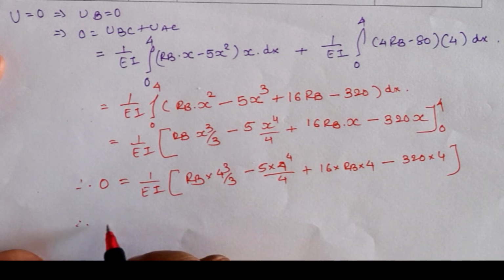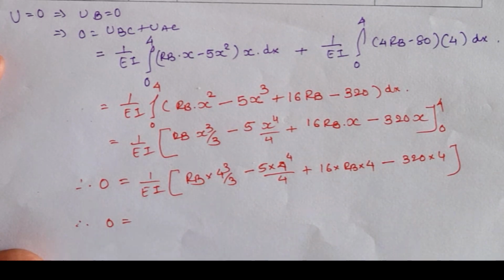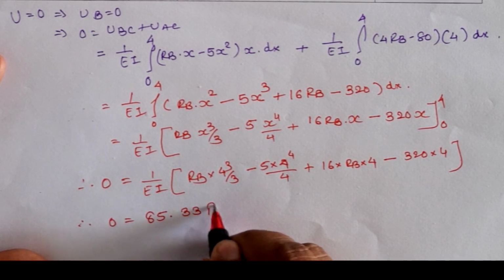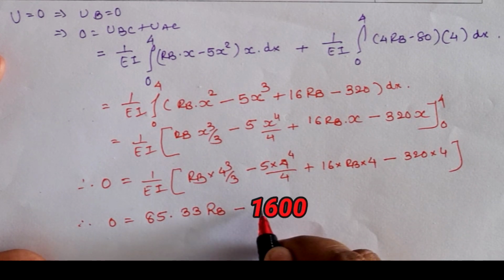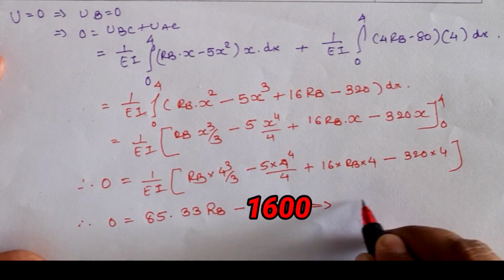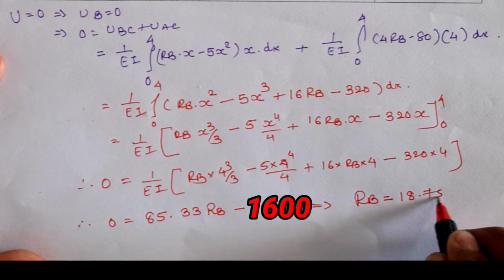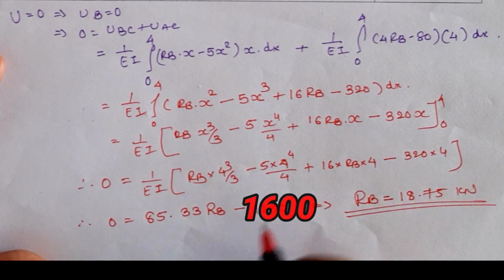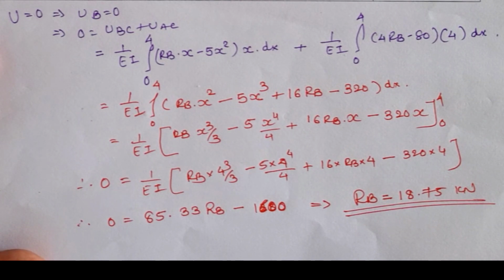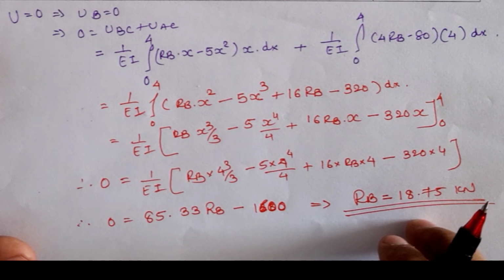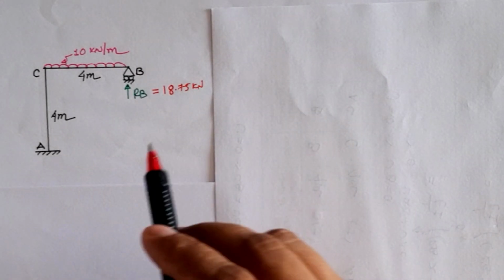Hence the total value of this equation is 85.33 times RB minus, and solving this term we will have the redundant reaction at location B equal to 18.75 kilonewton. So using this formula from Castigliano's second theorem, or minimum strain energy, for an indeterminate structure, we can calculate the redundant reaction.